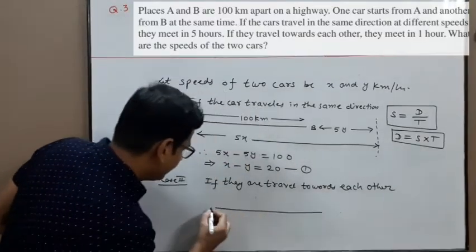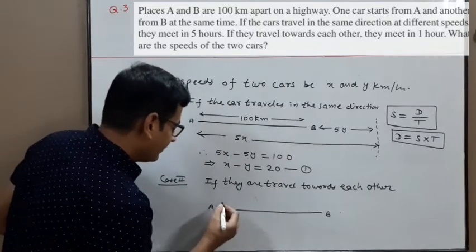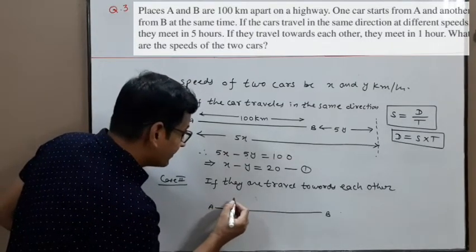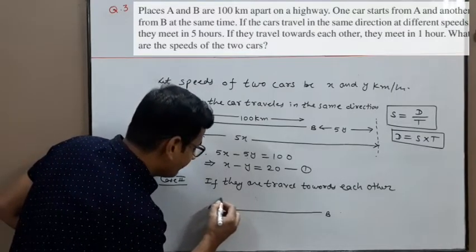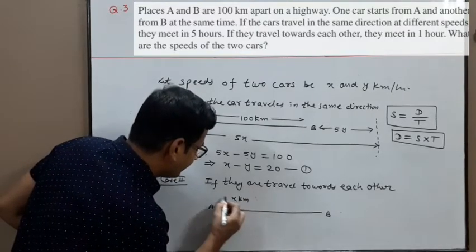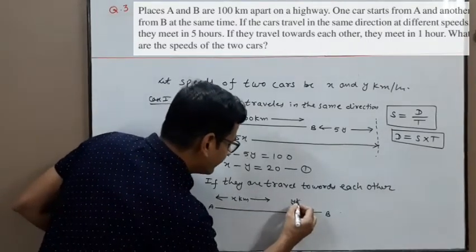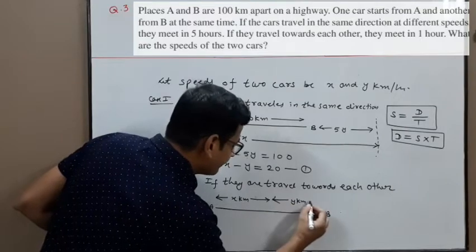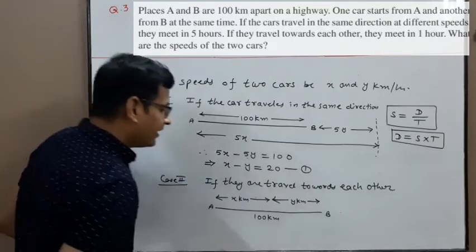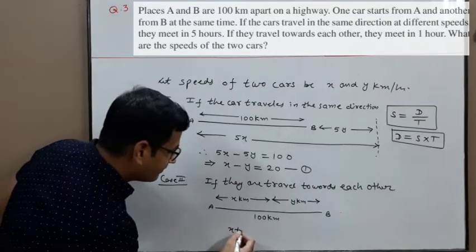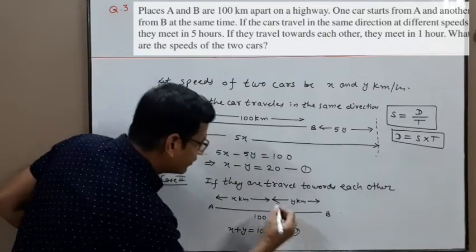Again, place A, place B, car A travels x kilometers in 1 hour, and car B y kilometers in 1 hour, because they meet after 1 hour. And the total distance is 100 kilometers. So again according to the diagram, x plus y is equal to 100. Give it equation number 2.